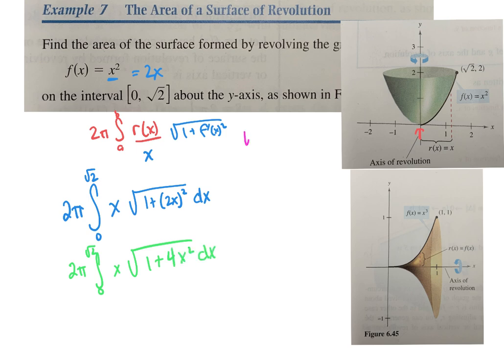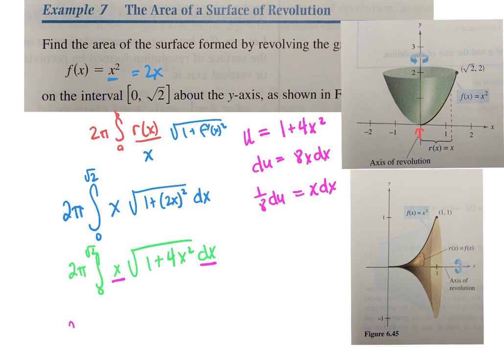Again, I can use u substitution, my u being 1 plus 4x squared, my du being 8x dx. I just want an x dx, so I would say 1/8 du is going to equal my x dx.